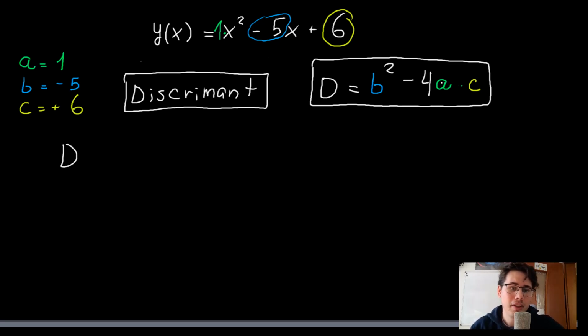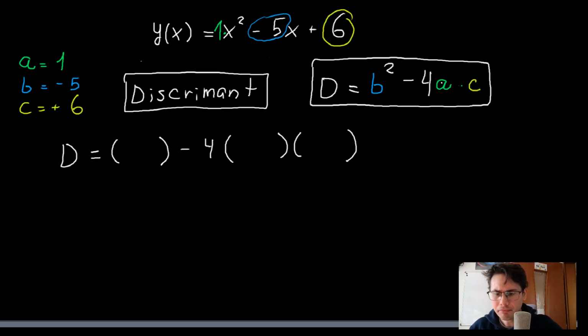D equals minus 5. So right here, I'm going to add brackets everywhere, just for a beginner video. Minus 5 squared, of course. Minus 4 times 1. A is 1. And C is 6. Okay? Now let's do some very basic algebra.